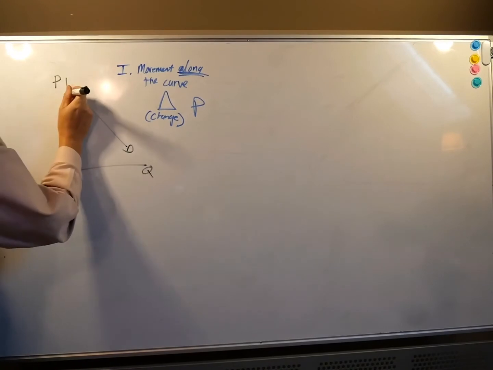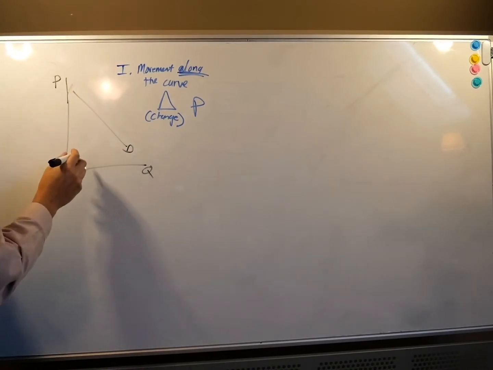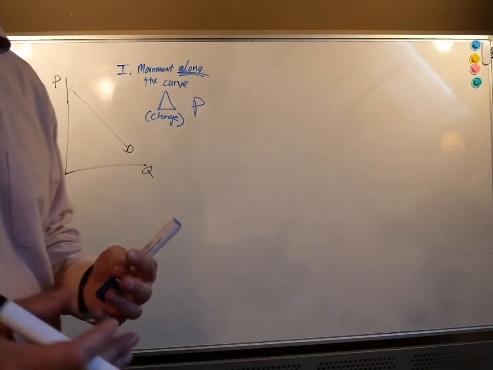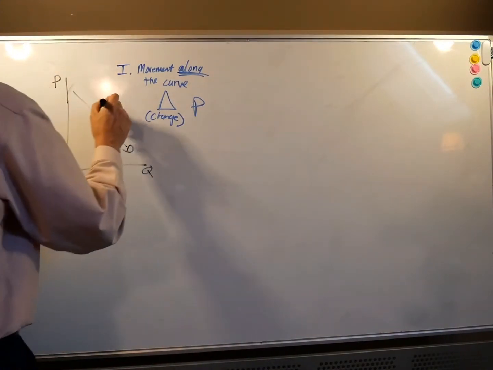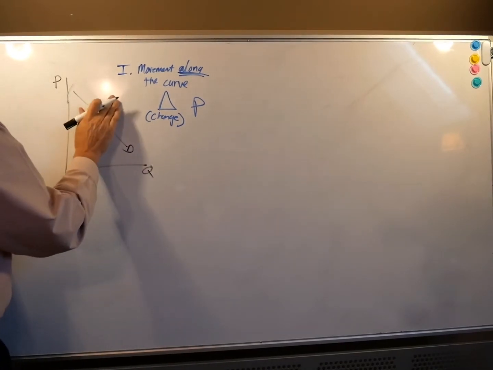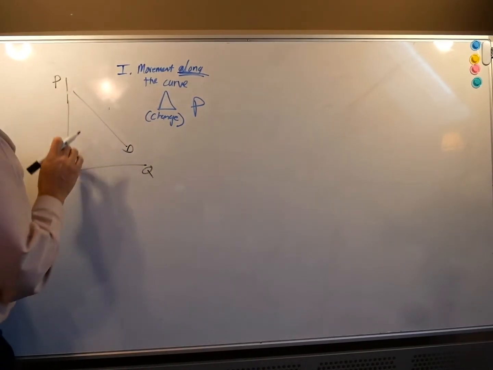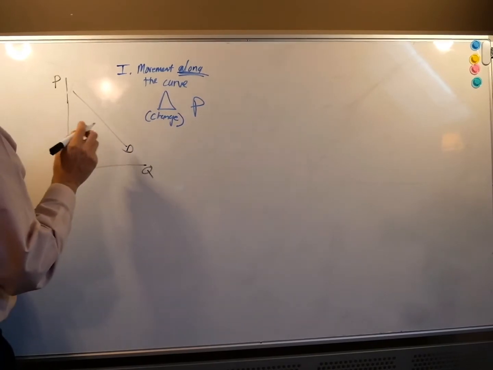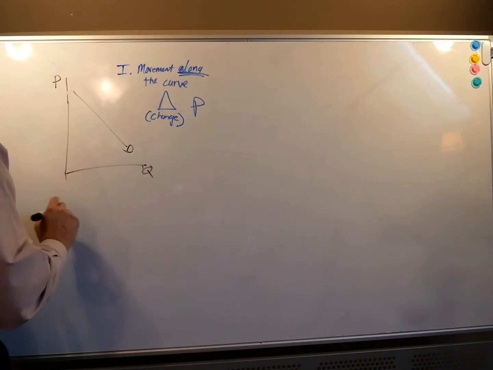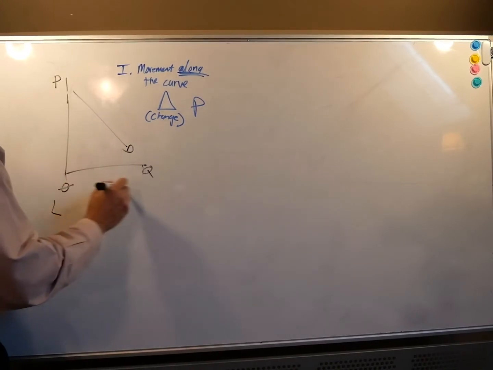Now, shifts in the curve are a little bit different. First of all, when we're talking about shifts, whether I'm talking supply or demand, please don't think up or down. You can get away with it in the demand curve. It's a real problem with the supply curve here in a second. When you're looking at movement of the curve, I want you to think left and right. Left is towards 0.